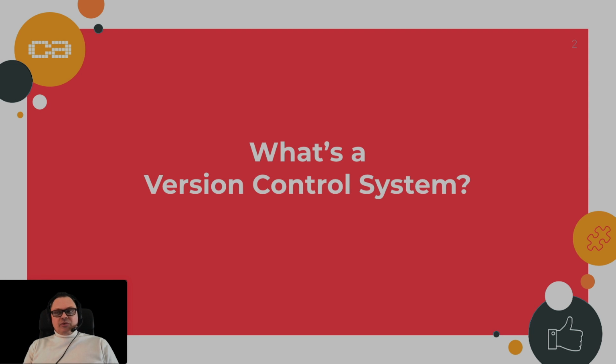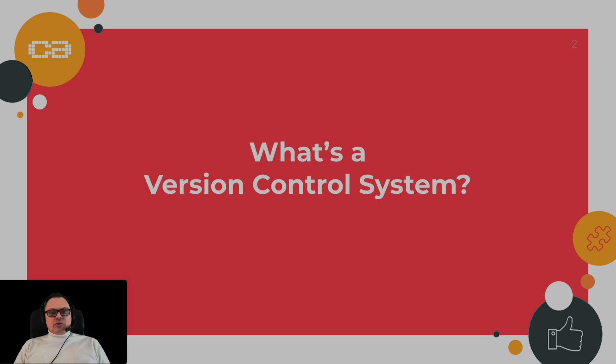Now, the first thing we need to figure out is, of course, what version control systems actually are. All right, thank you. So what are version control systems, right? Why are we actually bothering with talking about all of this?